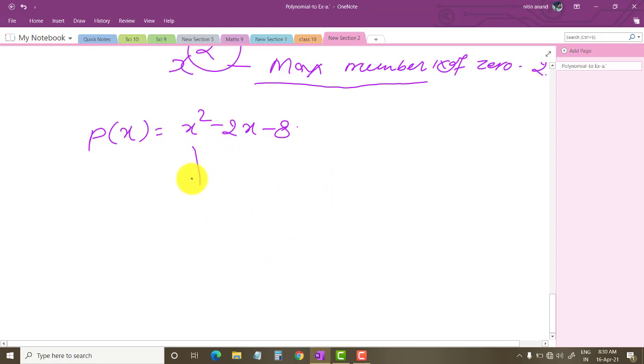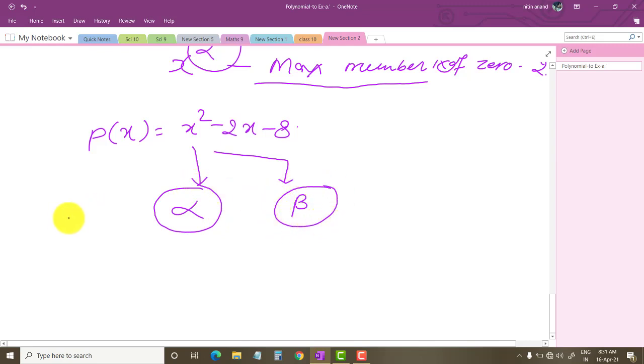Suppose it has 2 zeros. Suppose the first zero we say is alpha and the second one is beta.